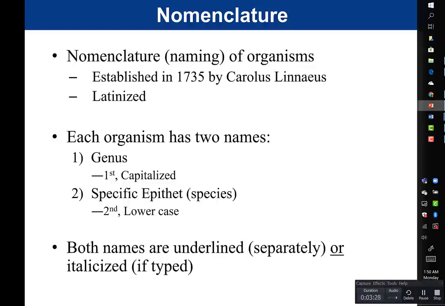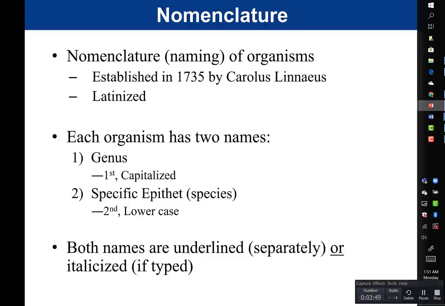And when he named these organisms, the names were Latinized. They're Latin. One of the nice things is you'll start to see trends in the way that organisms are named. And there are things that you can learn about an organism simply by their name. And you'll see this in a minute.